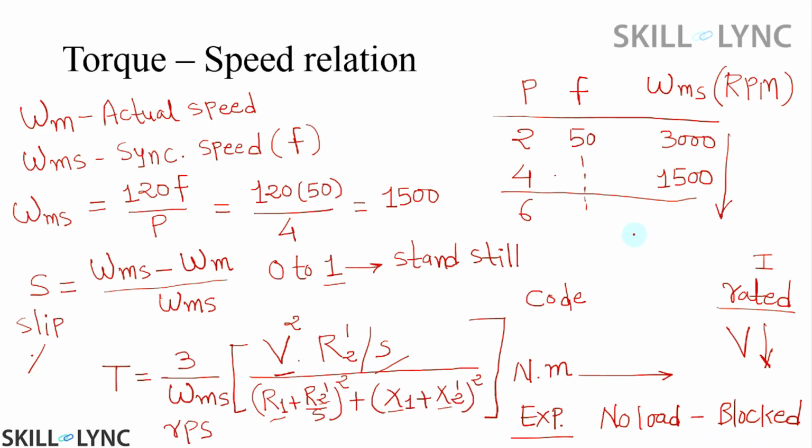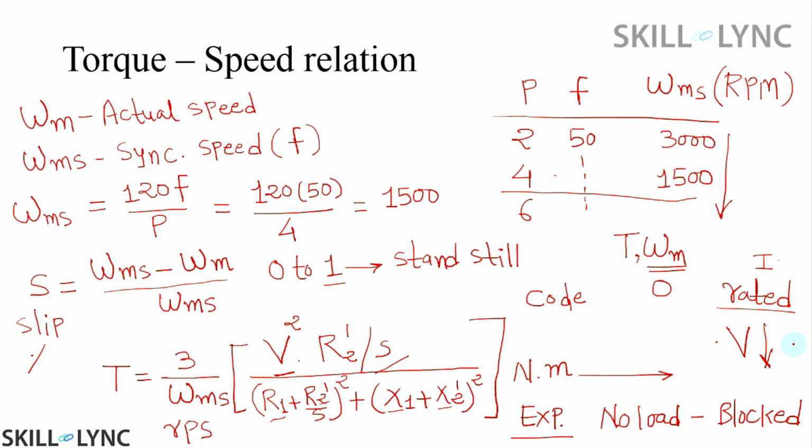Yes, there will be a braking torque present, but what is the speed of the motor? It is 0 because this is the block rotor condition. So speed is 0, torque is some value. If you multiply these two, the output power is 0. But the input power is not 0. You are applying some voltage and the motor is taking some current, and the motor is making losses.